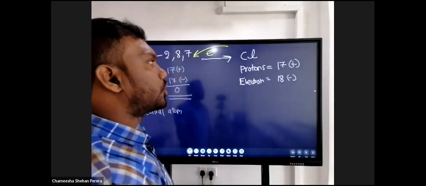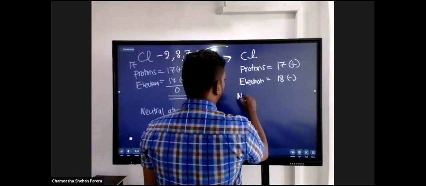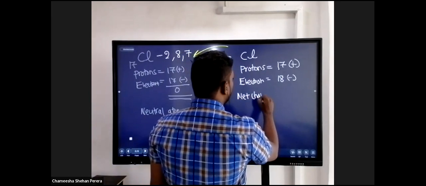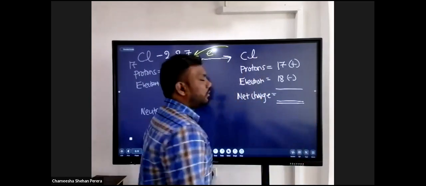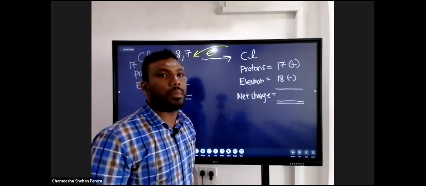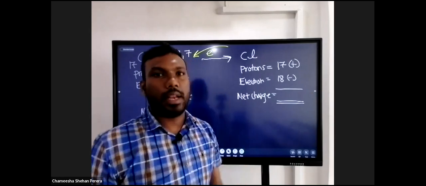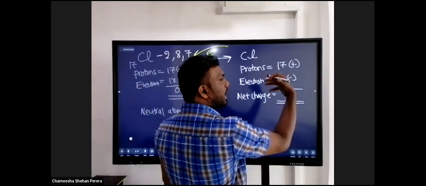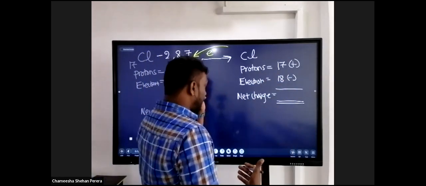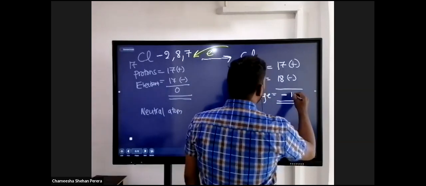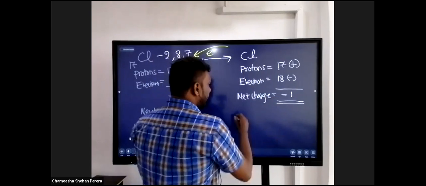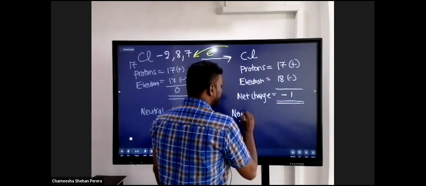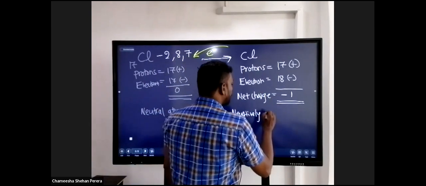So if you consider the net charge, the number of electrons is greater than the number of protons. So there will be one negative charge remaining. So this is not a neutral atom anymore. This is a negatively charged atom.